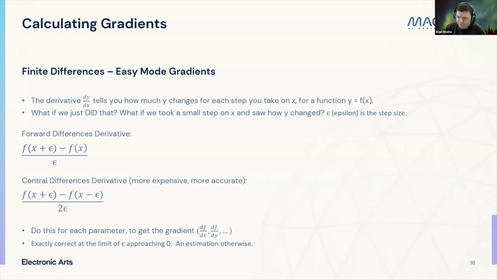If you just look at the formulas, it looks like we're evaluating f twice in both cases, so why would it be more expensive? The reason is that a lot of times, especially in neural networks, you already have the value of f of x. And so when you have to do f of x plus a step, it's just one extra evaluation, whereas with central differences, you're going to have to do 2.